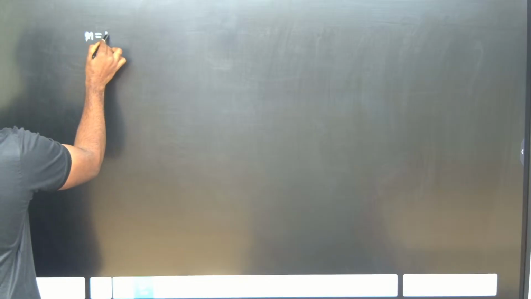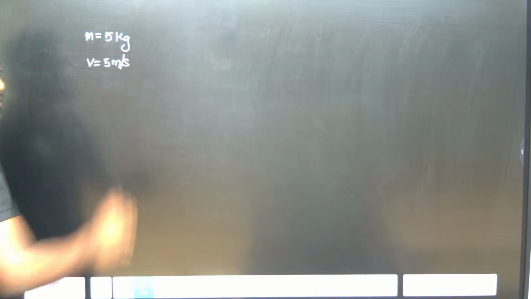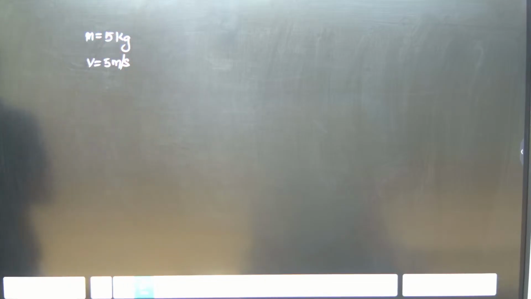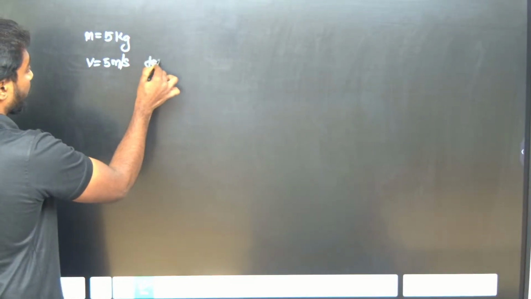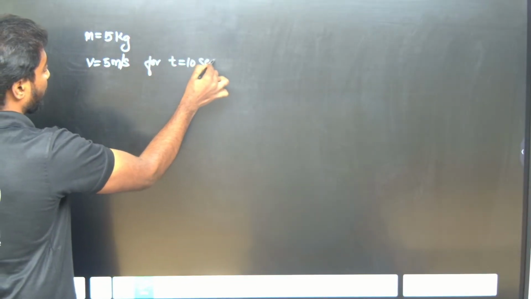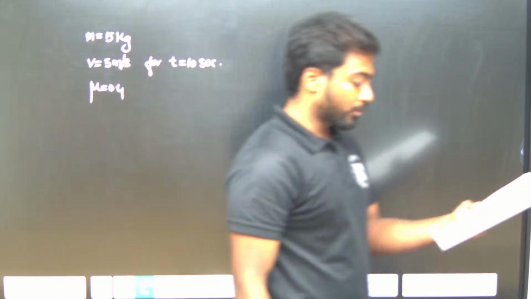Work done in moving a body of mass 5 kg with uniform velocity of 5 meter per second for 10 seconds, t equals 10 seconds, on a surface with mu equals 0.4.